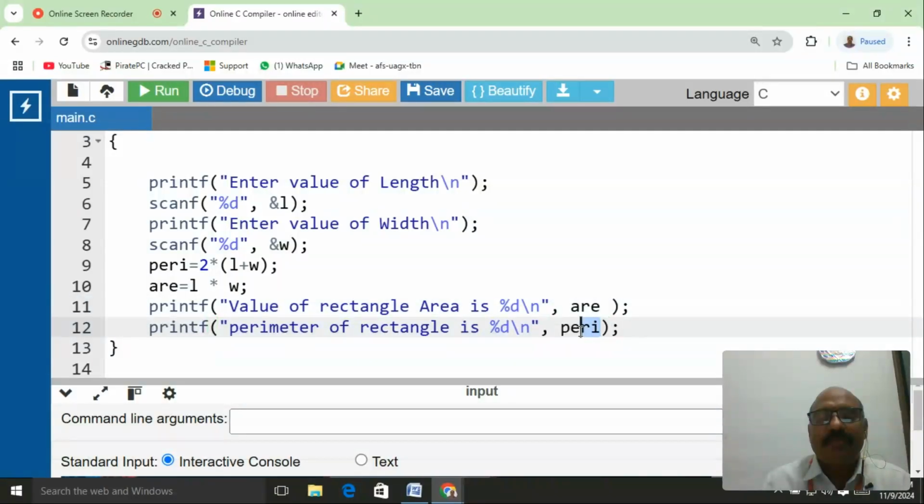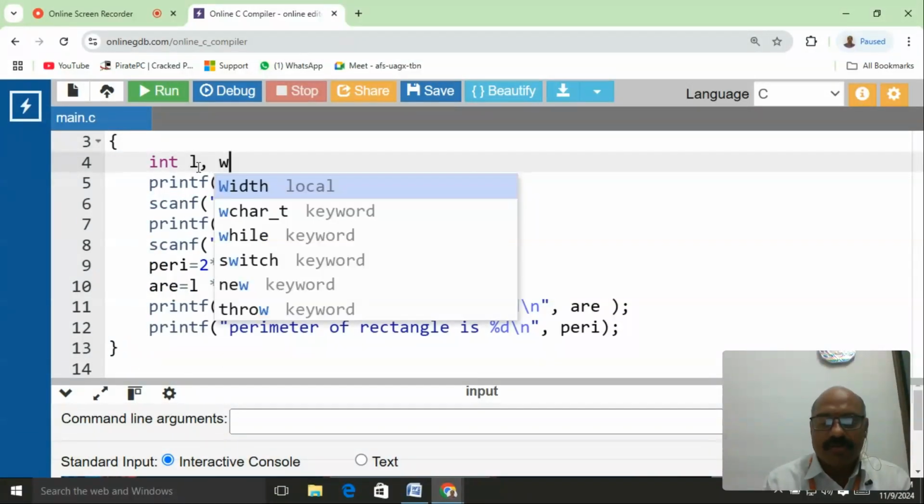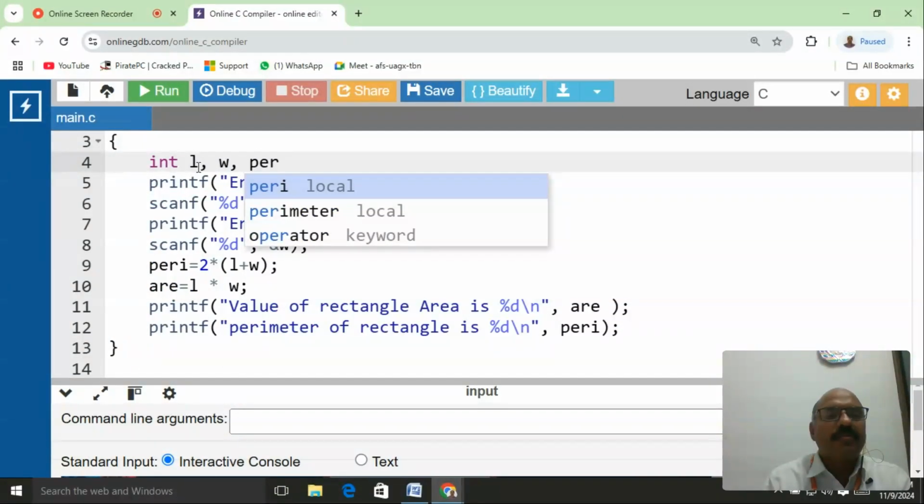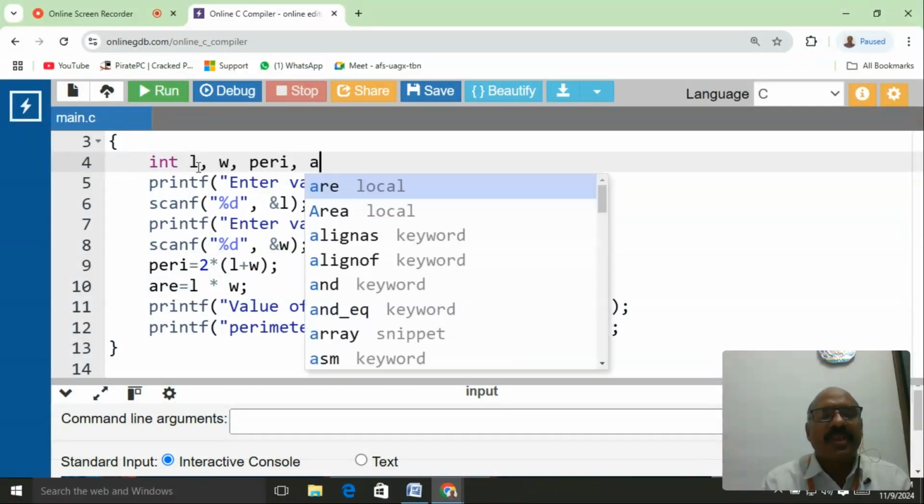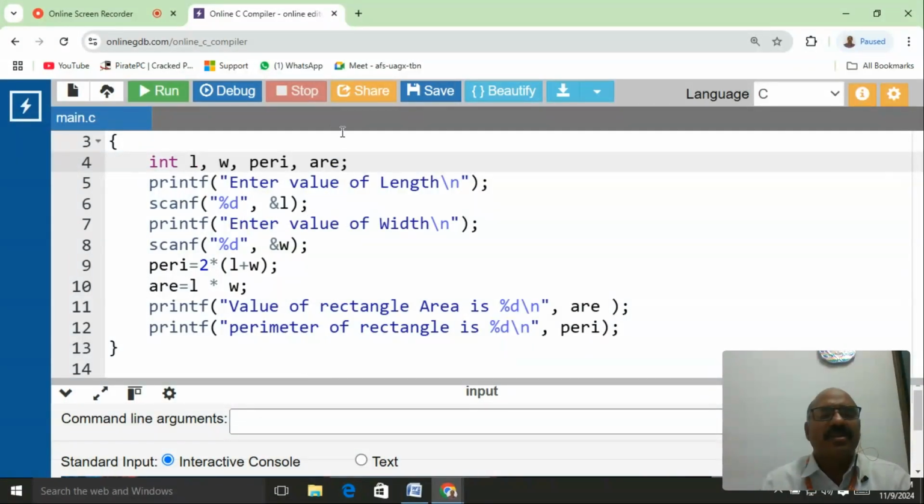And the peri variable format specifier is also percentage d. I am going to use all integers, so percentage d represents the integer variables. I am using L, W, peri and area. Now I am going to declare int L, comma W, comma peri, comma ARE. So this is over.